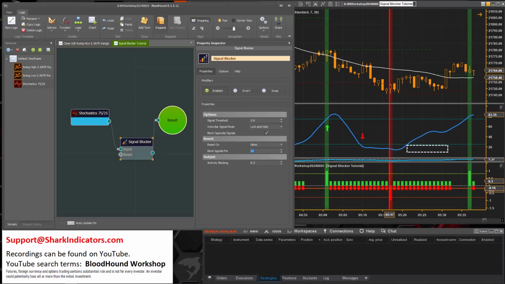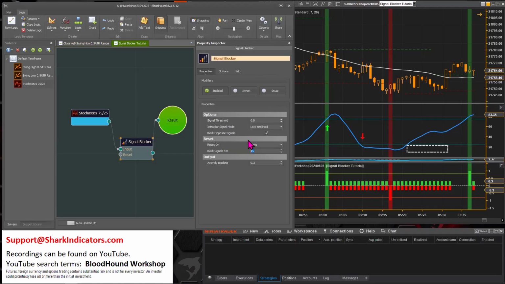So that short signal did get through eventually, and now that short signal is blocking both long and short signals together. So sometimes you might be building a system where a long signal comes in, and then you want to block all signals, short and long, for a certain period of time.